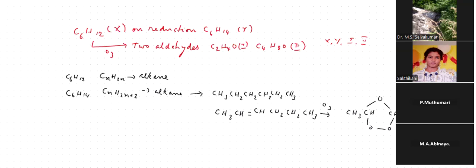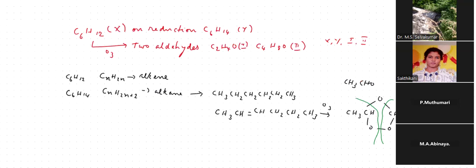So this is ozonolysis. Now for the aldehyde formation by ozonolysis, one side will get broken down like this, and the other one will get broken down like this. Therefore, the aldehyde formed on this side is acetaldehyde, CH3CHO, according to the formula given, C2H4O.